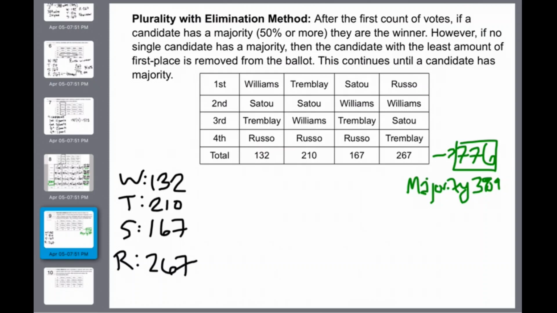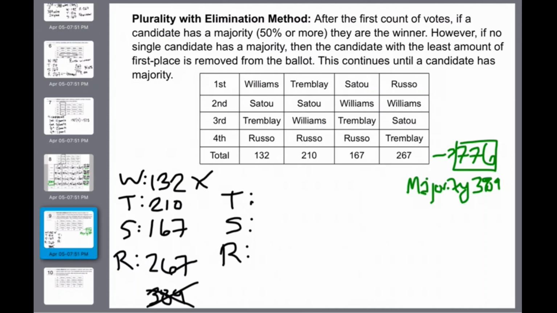None of them have our 389 majority for our first round, so we have to eliminate the person with the least amount of votes. That happens to be Williams. So we're eliminating him, and now we're just left with Tremblay, Sato, and Russo.